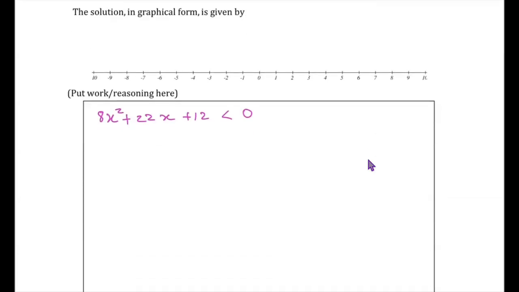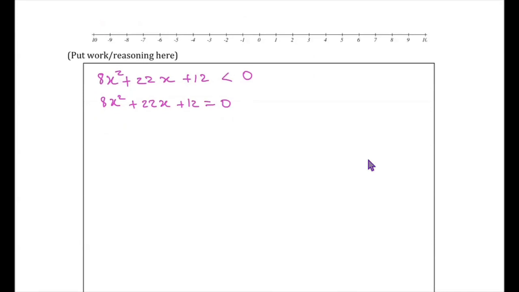We want to solve it equals 0 first. So that's 8x squared plus 22x plus 12 equals 0. Since we see that 2 is a common factor, we can divide all the terms by 2, then get 4x squared plus 11x plus 6 equals 0.